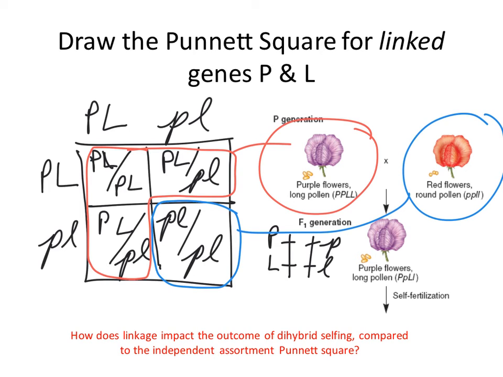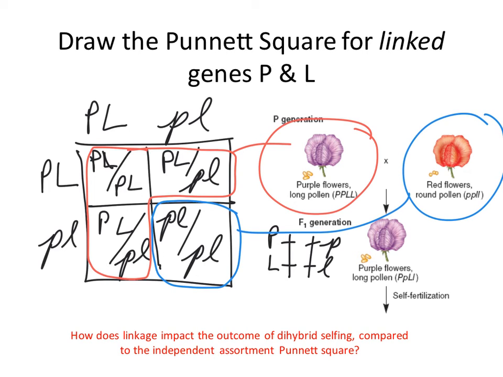Totally different than what we saw when genes were independently assorting. Independent assortment gives us all the variety that we saw, that is, the two missing phenotypes that we don't see in this cross. Both examples, taking an F1 dihybrid and selfing it.